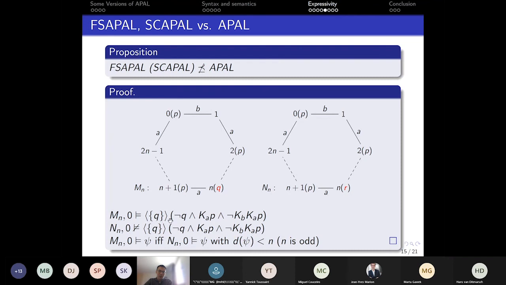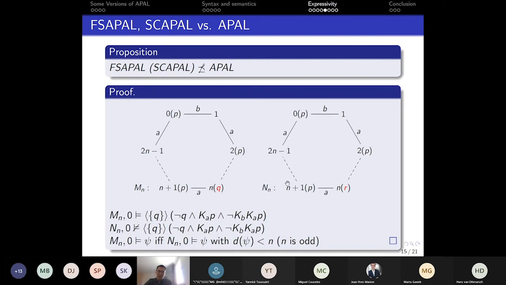So after an announcement only containing Q, we can have an update model which only has states 1 and 0, and this formula not Q and KAP and not KBKAP is true on this updated submodel of MN0.